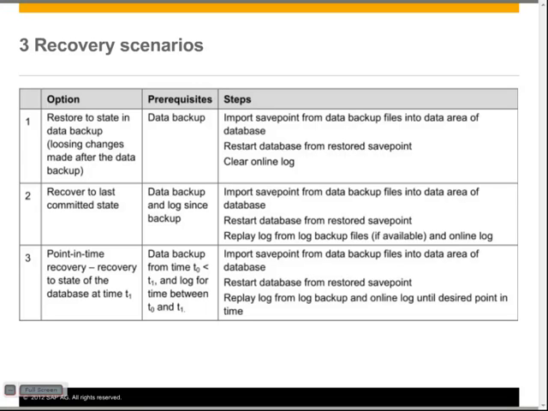If we instead want to recover to the last committed state, we will need the data backup and the log since the backup. Again, we'd import the save point from the data backup files into the database, restart the database from the save point and replay the log from the backup files that we then have available.